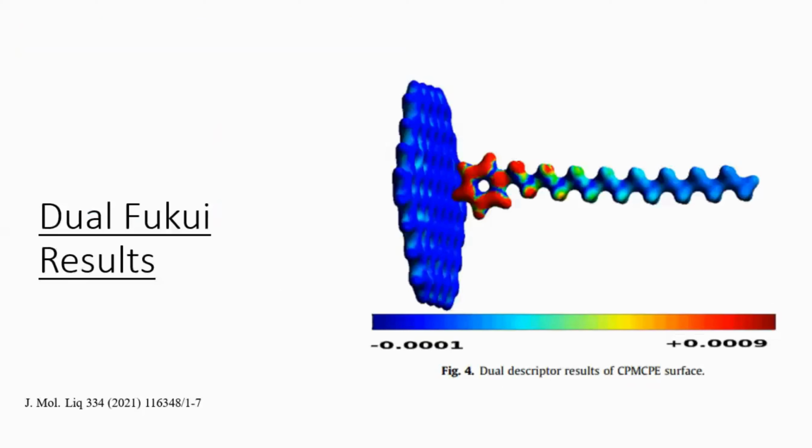So I think we agreed with that point, and then we used the dual Fukui function parameter. Here you can see the red color portion is maximum for the electron addition, and electron removal is from the blue color. This is the dual Fukui plot, and it is matching with the normal Fukui plots.